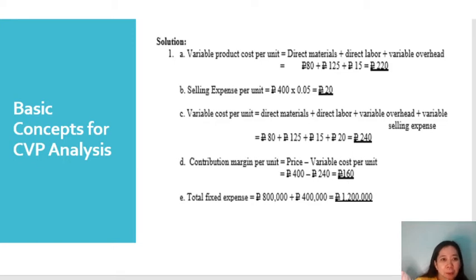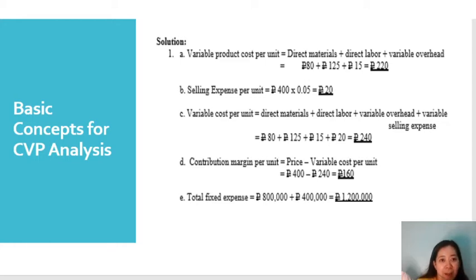Okay, for letter C, how about variable cost per unit? Please take note of the difference between the requirement in letter A and letter C. In letter A, you are required to determine variable product cost, while in requirement C, you are going to determine the variable cost per unit.